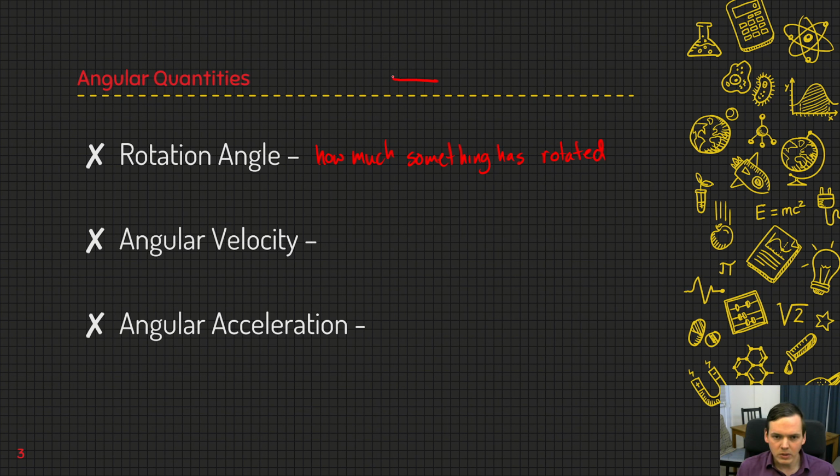So once you've gone this far, that's a rotation of theta. If you've gone to here, that's 2 theta, 3 theta, etc. So this is typically represented with the variable theta, and the units of radians.